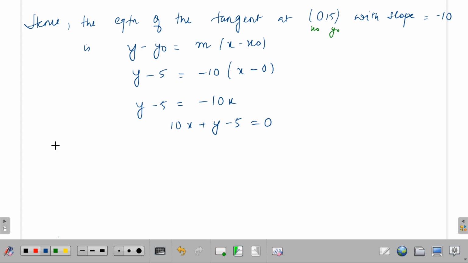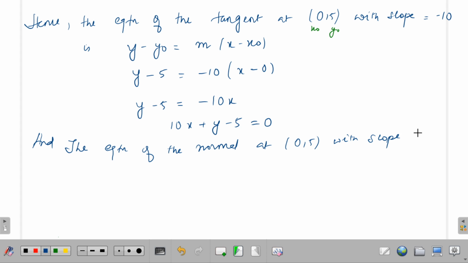Okay, so let me find again the equation of the normal at the point (0, 5) with slope, I got the slope to be 1 by 10, remember.